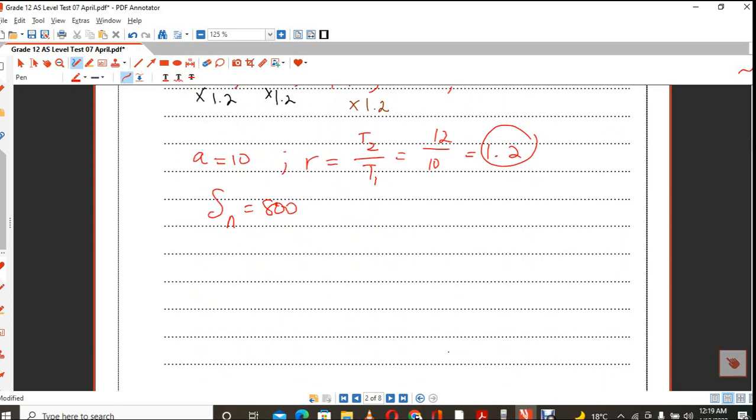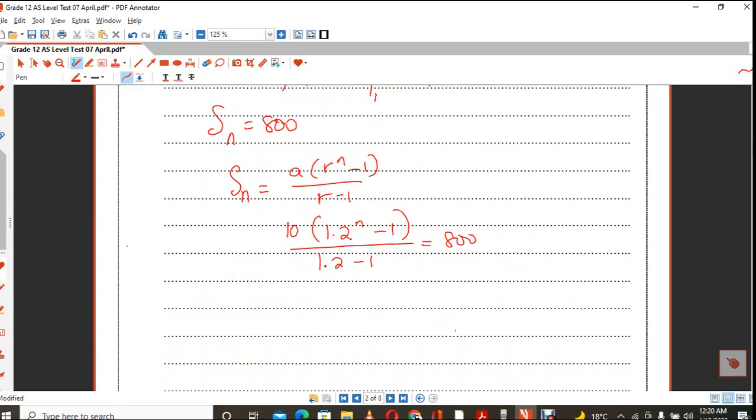So we're going to use the sum of a series of a geometric progression. That means you're going to use this formula, a, and then you have r to the n minus 1 over r minus 1. Our first term we said is 10. Our r is 1.2, so 10 times 1.2 to the n minus 1 over 1.2 minus 1 is equal to 800.